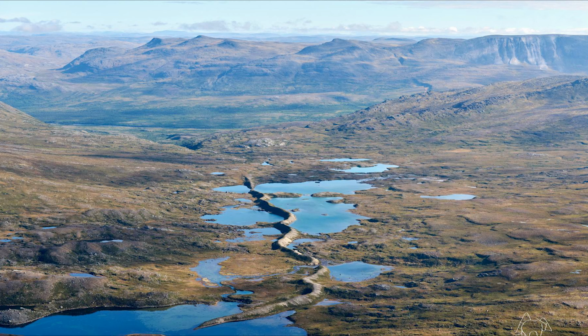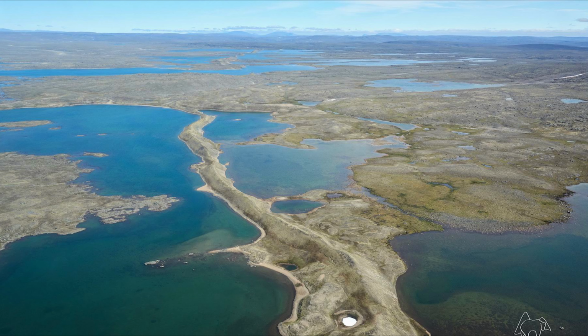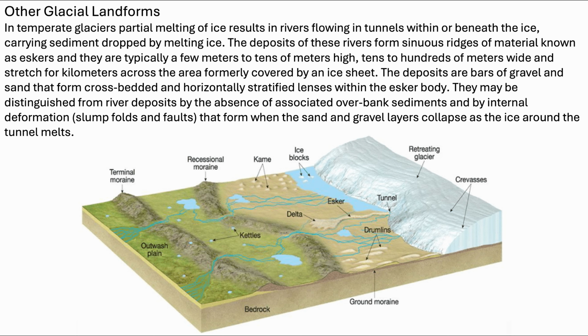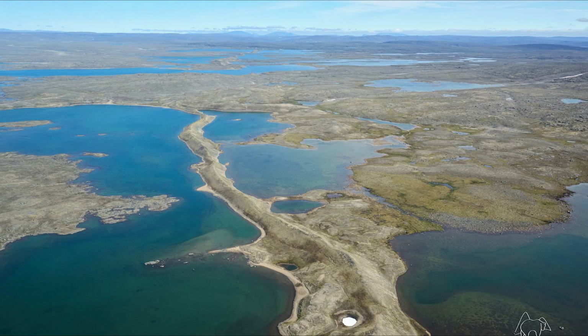These deposits are gravel and sand that form cross-bedded and horizontally stratified lenses within the esker body. We can distinguish these from river deposits by the absence of associated overbank sediment and by the internal deformation when sand and gravel layers collapse as ice around the tunnel melts. So these are going to be seen as positive features that stick up above the plain.